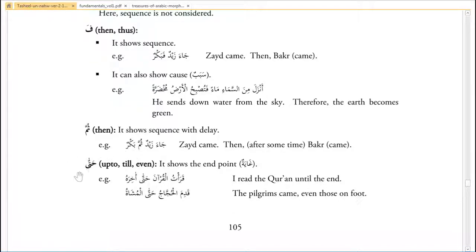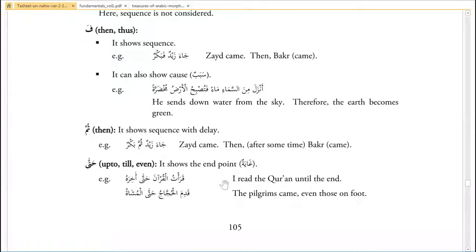And another one is harf ataf hatta. The meaning is up to, till, even. For example, قرأت القرآن حتى آخره.